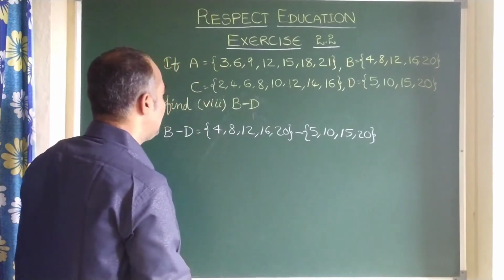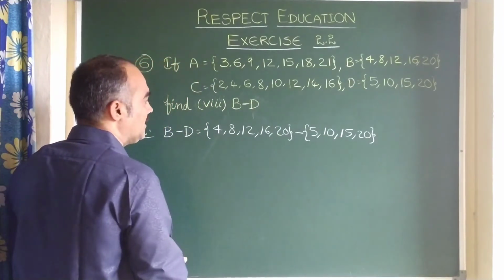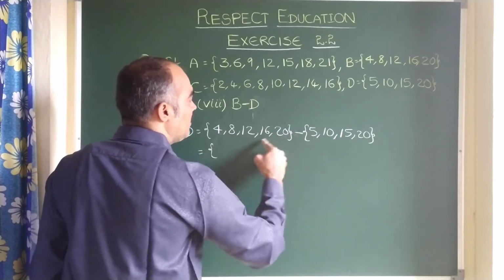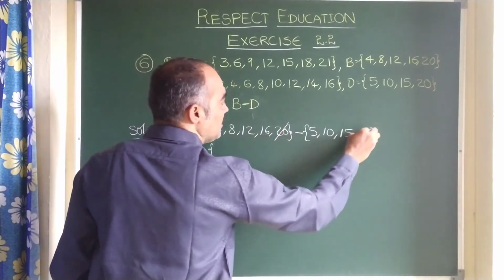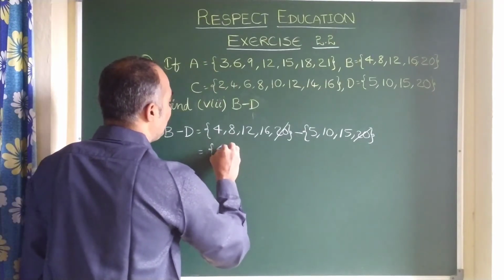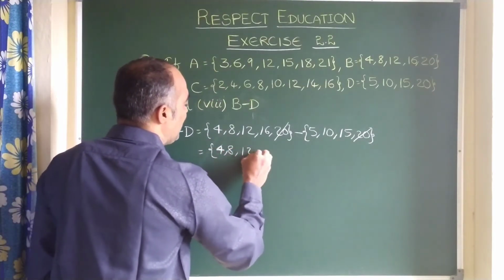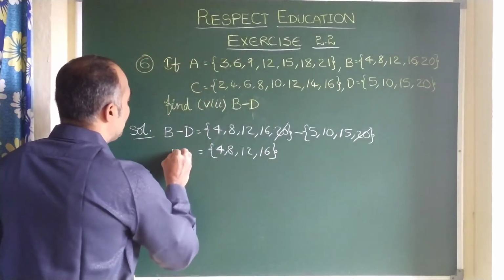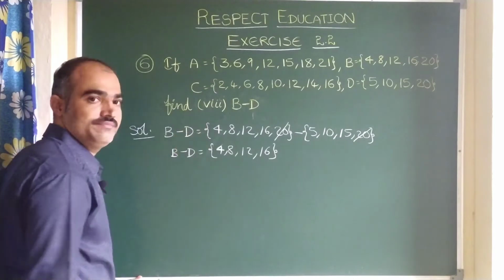So let us see here, is there any element to be cancelled? 4, 8, 12, 16, only 20 is there, children. Cancel 20, 20. So here the remaining values are 4, 8, 12, 16. This is the answer for B minus D.